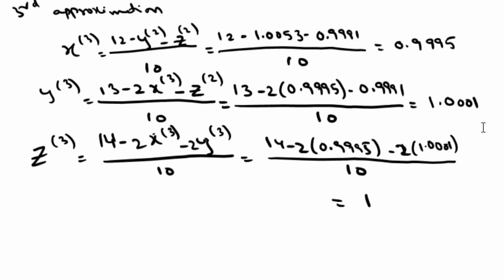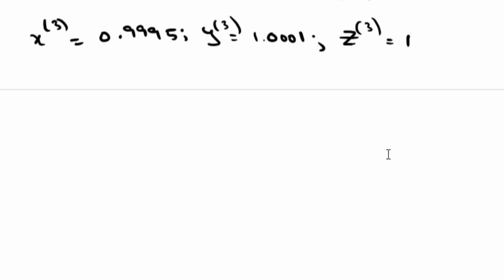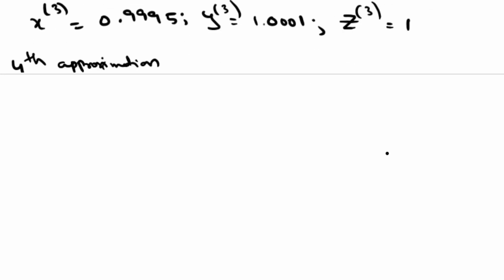Now we can write the values of the third approximation: x is 0.9995, y of the third approximation is 1.0001, z of the third approximation is 1.